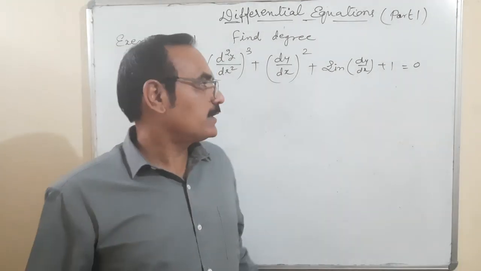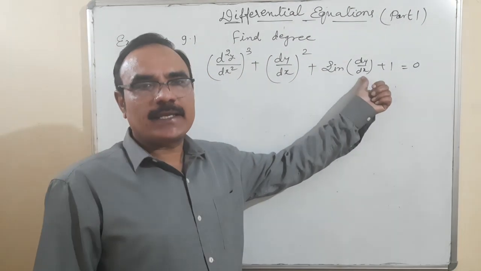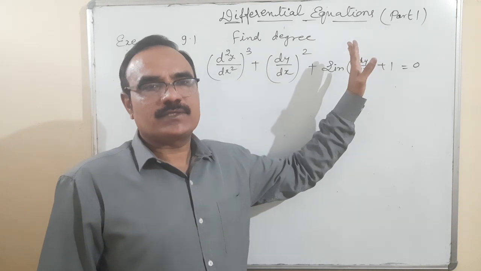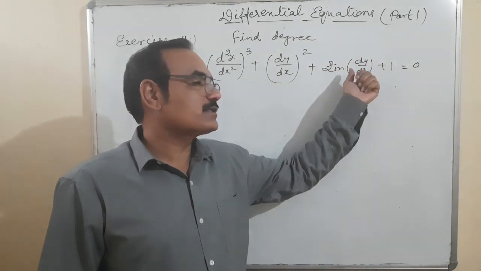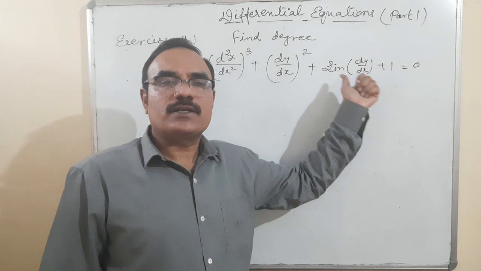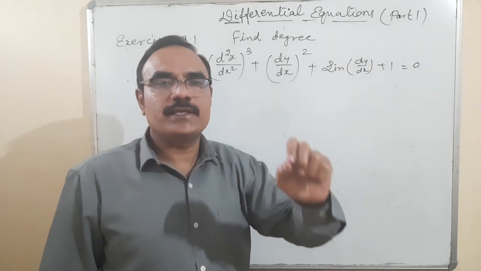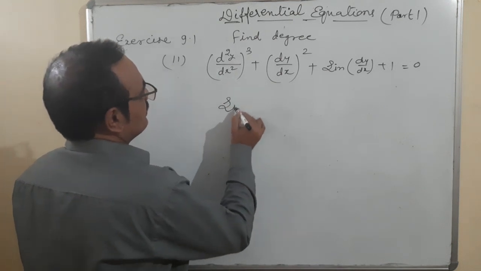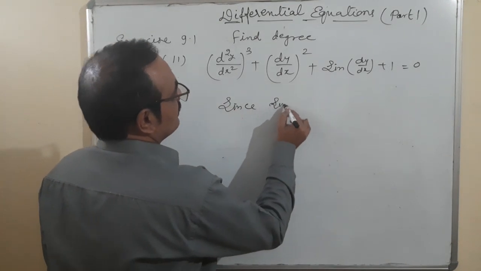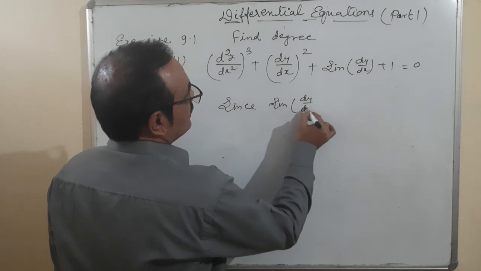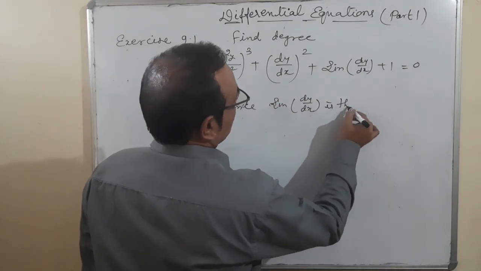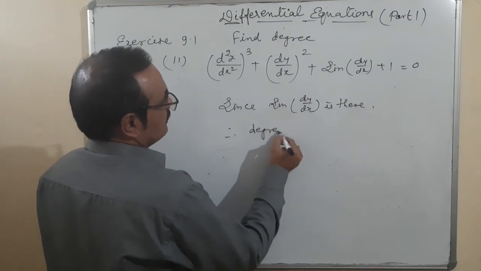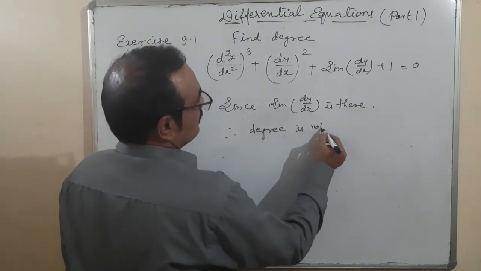It is not a polynomial because this derivative is the angle of a trigonometric term. So we can say it is not a type of polynomial, therefore degree is not defined. What to write here? Since sin dy by dx is there, therefore degree is not defined.